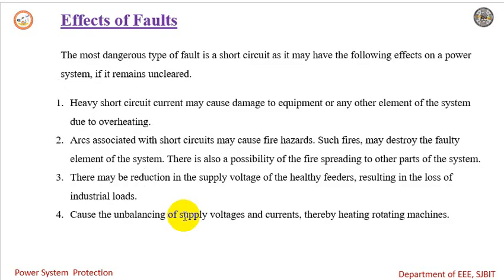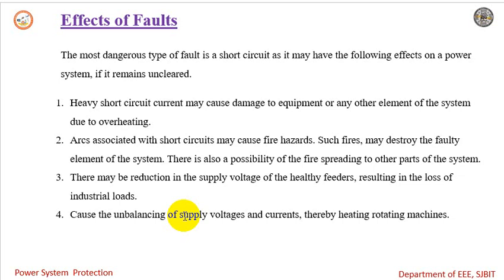Now we shall see the effects of these faults. The most dangerous type of fault is a short circuit fault. Whenever there are any faults, symmetrical or unsymmetrical, it causes this short circuit.